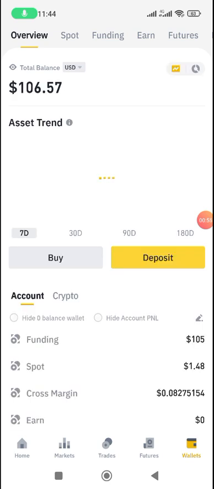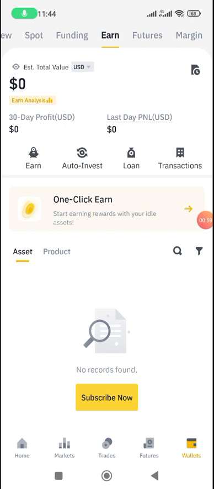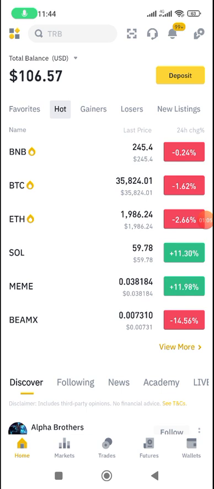Okay, let me break the ice a bit. There's two routes to this. First of all, if you are in Europe or UK and you're trying to deposit on Binance, the challenge is that you will be given two options.